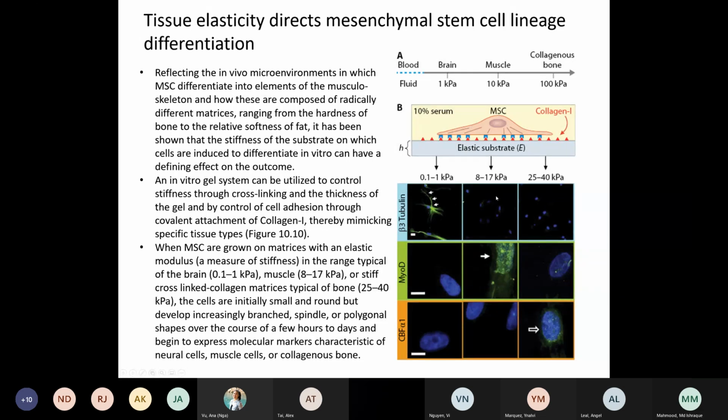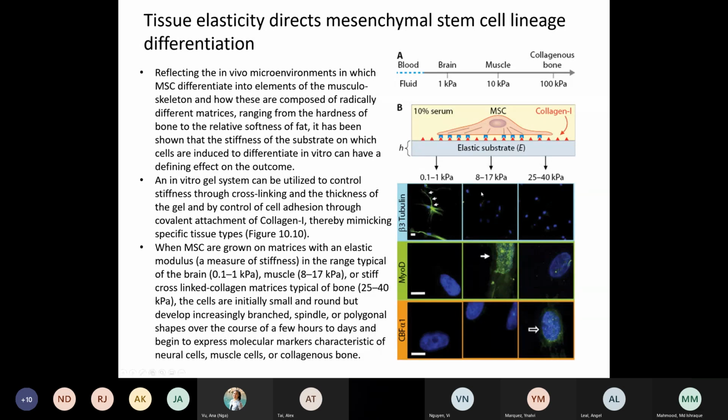So what they have found is if you apply a low stiffness, which is 0.1 to 1 kPa, the mesenchymal stem cells can even differentiate toward beta-3 tubulin positive cells. Beta-3 tubulin is a marker for neurons. So the mesenchymal stem cells can even differentiate into neurons if the substrate has the stiffness of the brain.